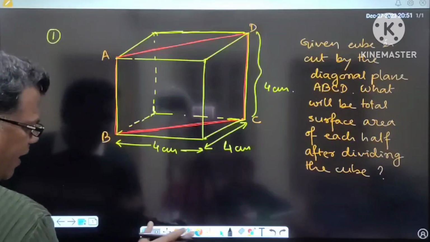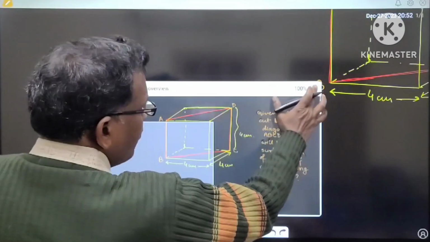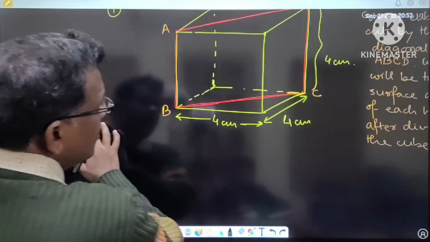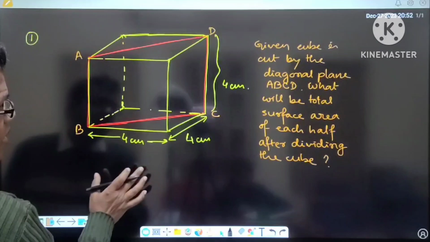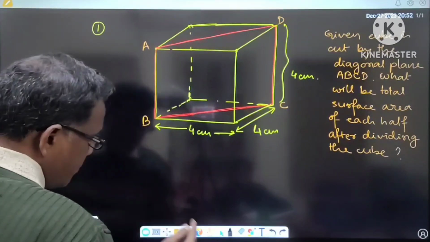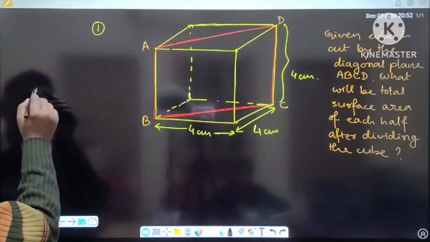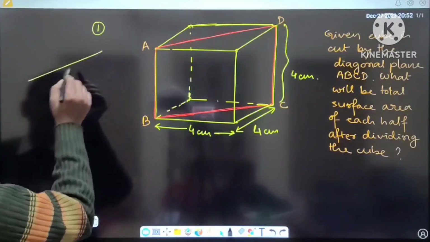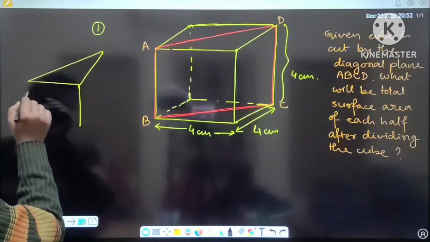No. See, if I redraw this diagram, if I redraw each part, what is found is this one, right?